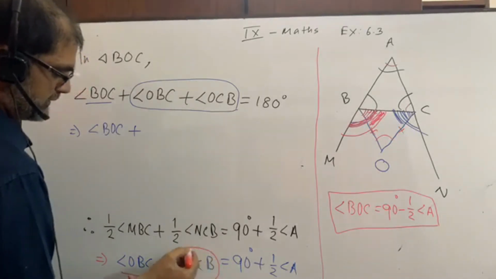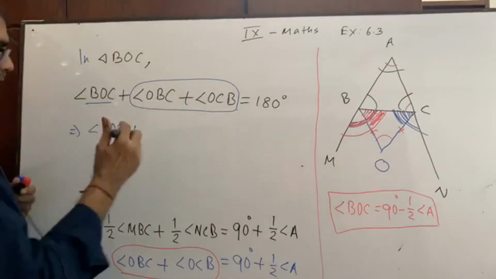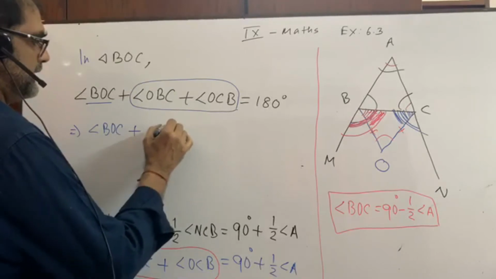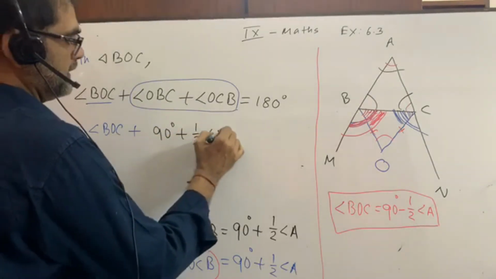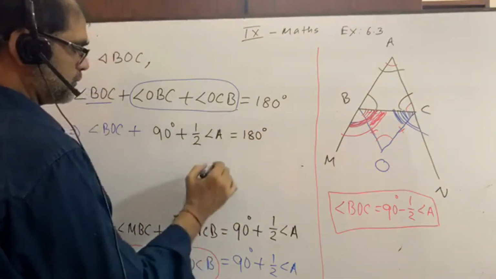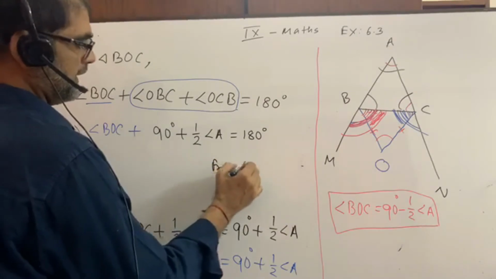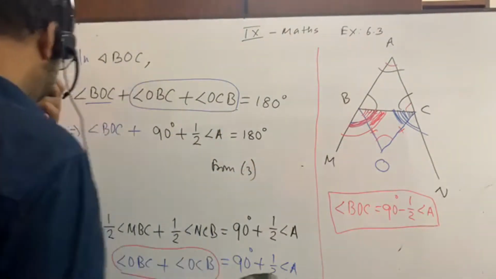Angle OBC plus angle OCB equals what? Can you tell me please? It is equal to 90 degree plus half of angle A, from equation 3. So angle BOC plus 90 degree plus half of angle A is equal to 180 degree.